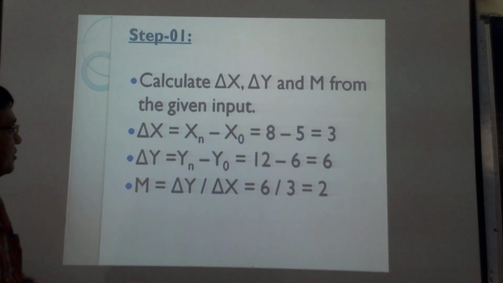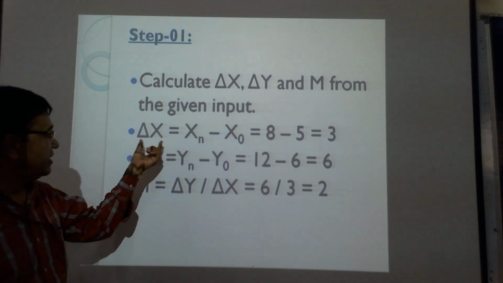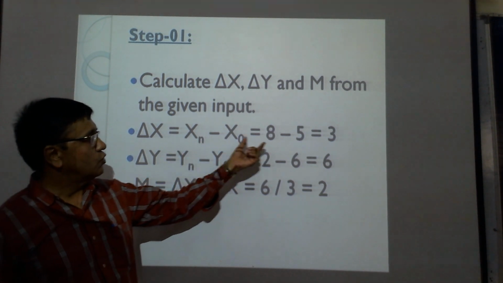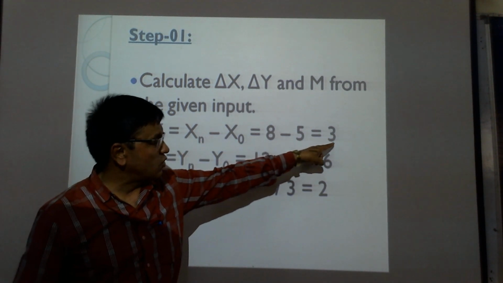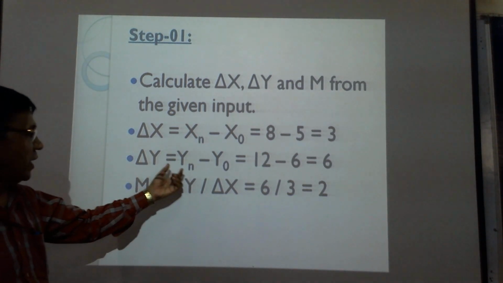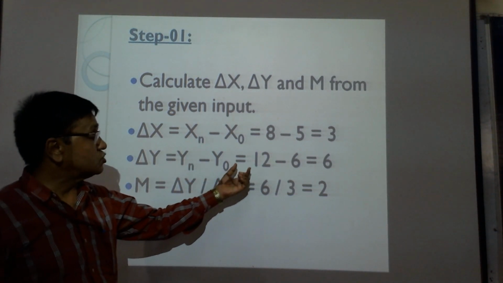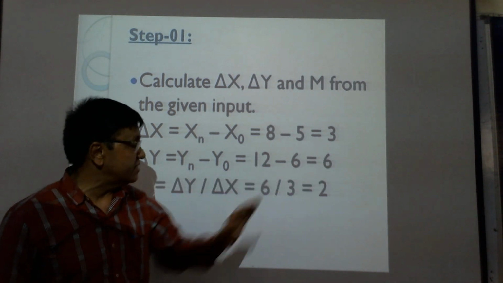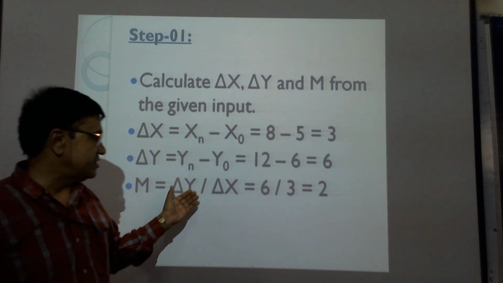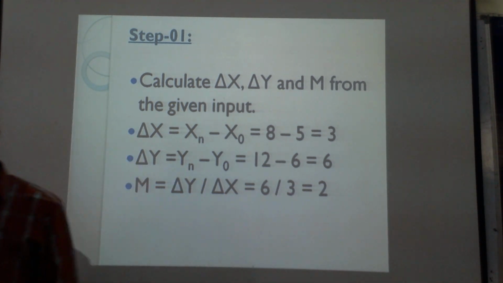Delta x is xn minus x0, which is calculated here as 3, and delta y equals yn minus y0, which is 12 minus 6, calculated here as 6. So finally, when we calculate m by this equation, it is 2.